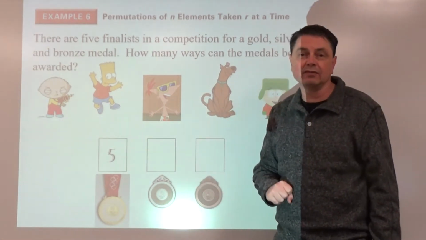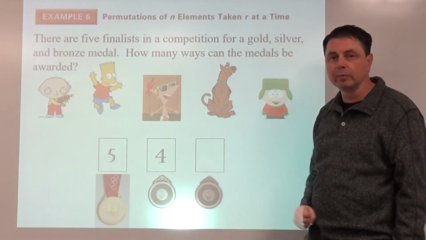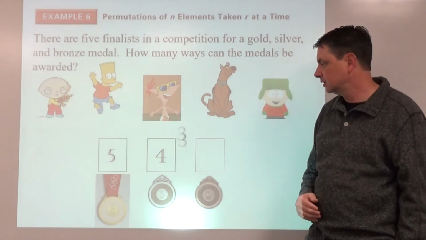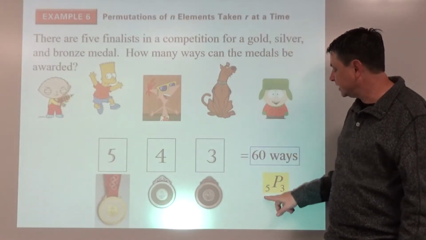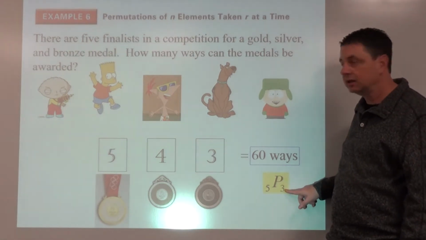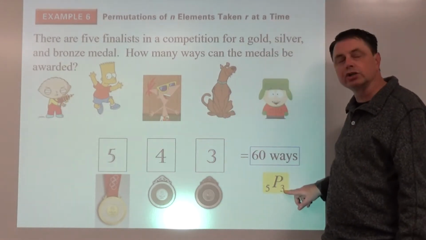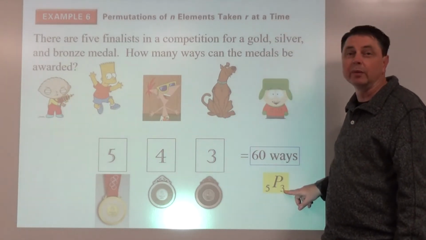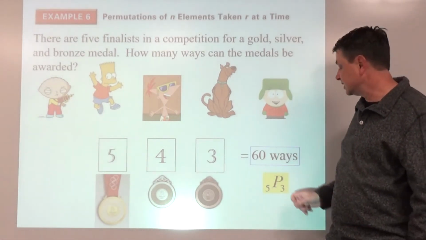How many choices do we have left for the silver? We've got 4. How about for the bronze? 3. 5 times 4 times 3. So that 60 ways is the same as 5P3. Of the 5 contestants, 3 of them were chosen for a medal, so we didn't choose all of them like in the previous example.